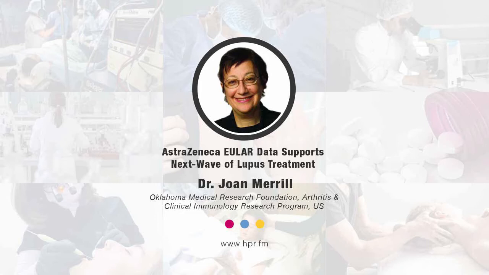Well, anifrolumab is a treatment that affects a very central way in which inflammation gets played out in the body of a lupus patient. There's a receptor for all of the signals that come from interferons, or type 1 interferons, and this medication dampens the signals that go through this receptor. This happens to be a critical, central pathway in lupus.